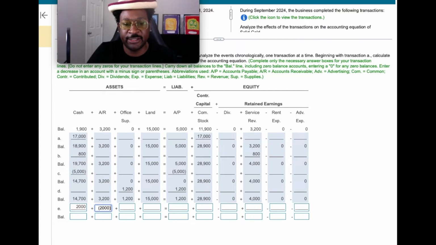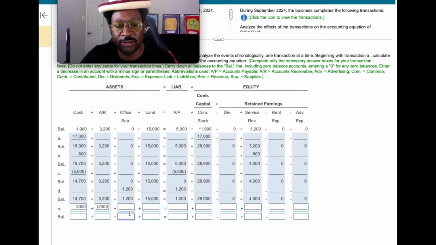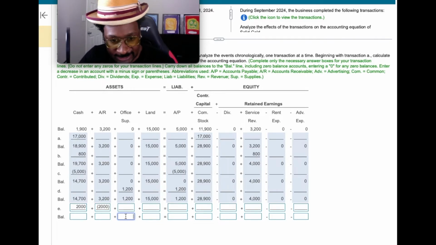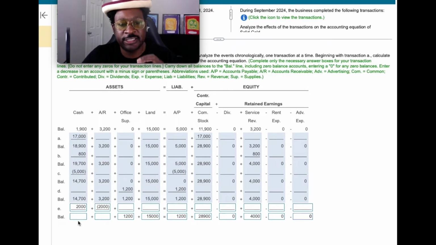Because we've collected on the account. No other account based on this transaction has been affected, so our transaction analysis is now complete, which brings us into filling in the new balances. So first, we're going to go ahead and fill in all the unadjusted balances. Then we're going to adjust the new balances for the two accounts that were affected from the transaction.